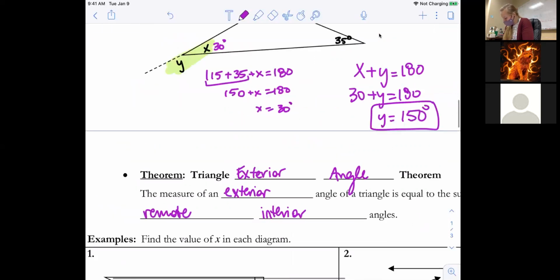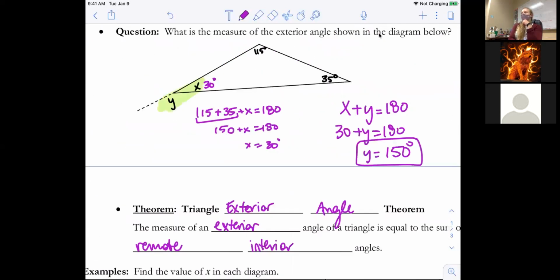So if we reflect back on the problem we just did, I made you find the other interior angle, and then we found the exterior angle because we knew that they were supplementary. This new theorem means that we didn't have to do all that work. We could have simply added up 115 and 35, and that's what Y would have equaled.